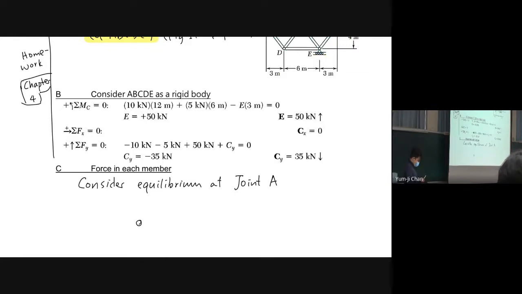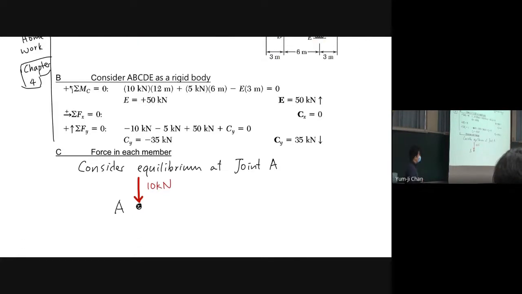So at joint A, what do we have? We have one force of 10 kilonewton downwards.